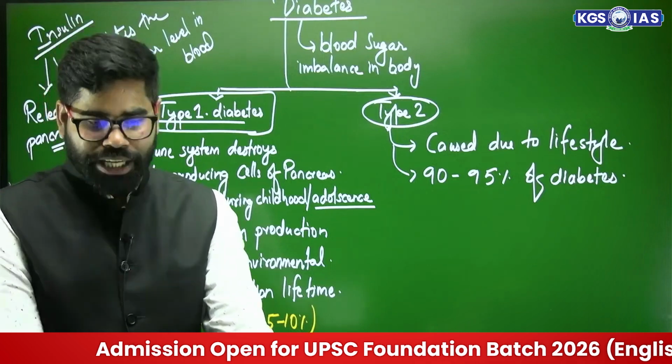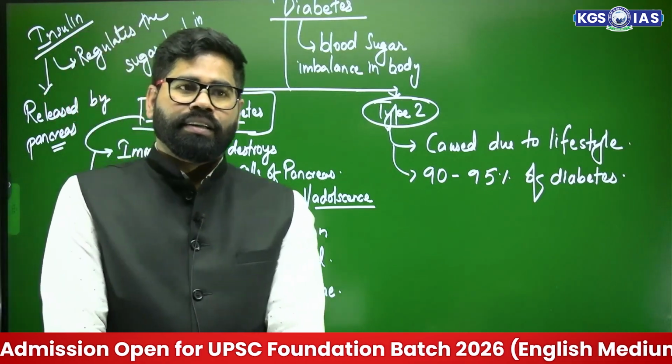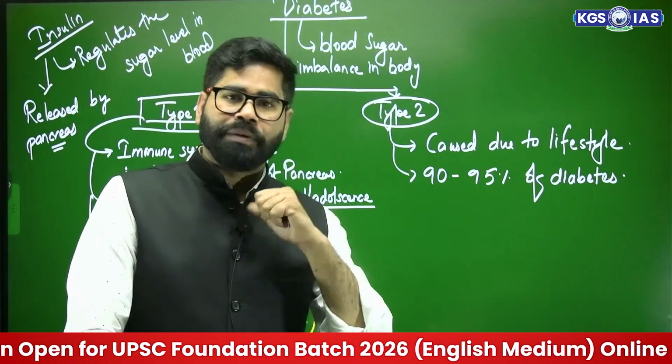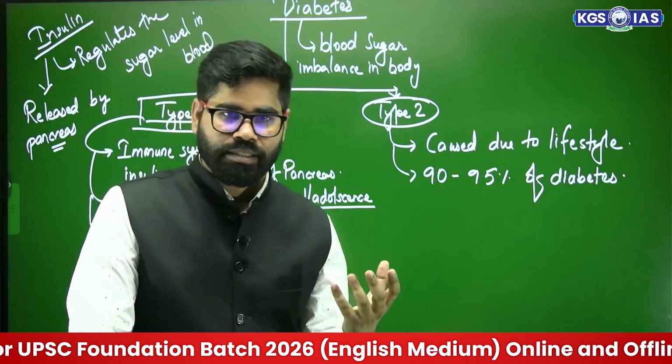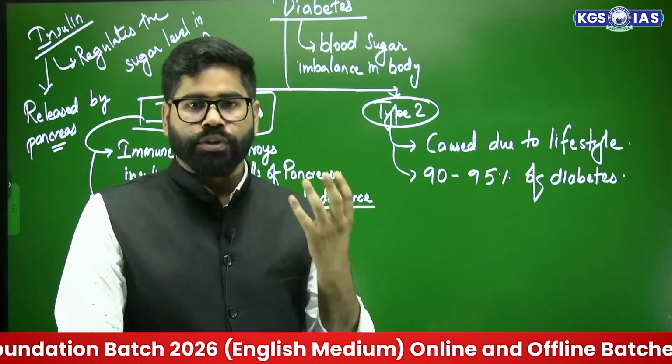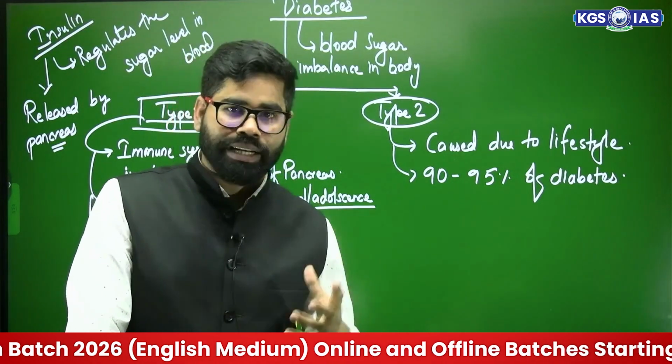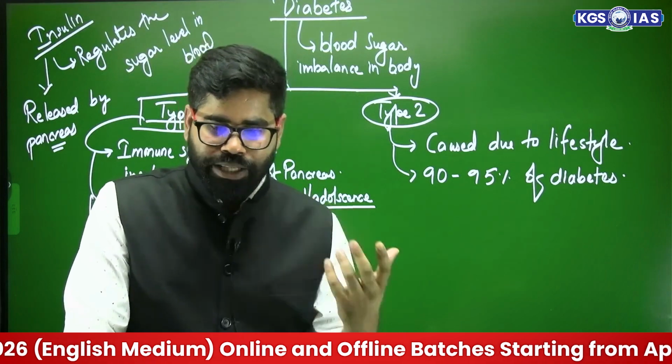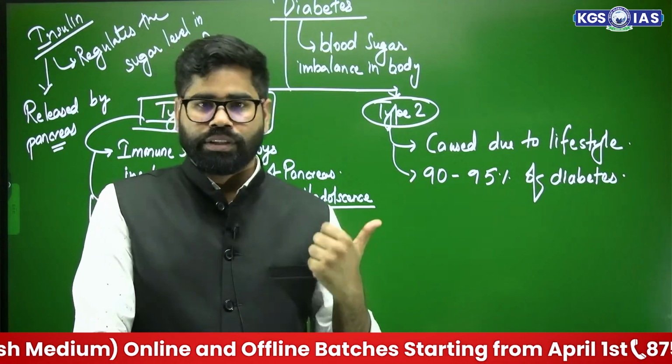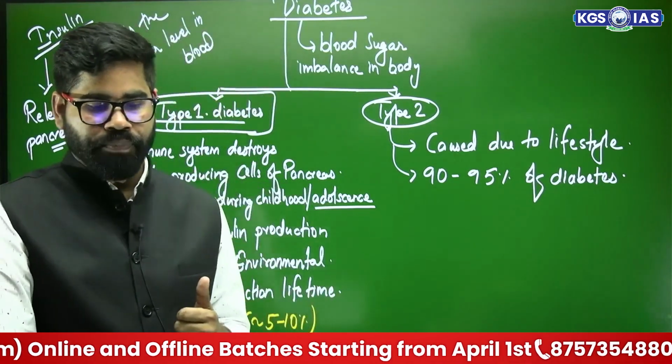Generally what happens is that when people are not getting proper exercise, when they are eating food items rich in sugar content, when they are using too much sugar, this becomes a challenge.